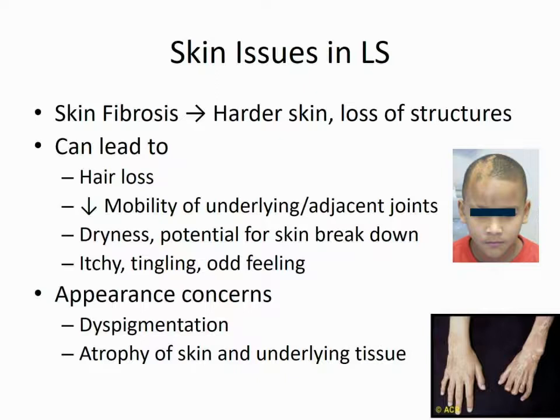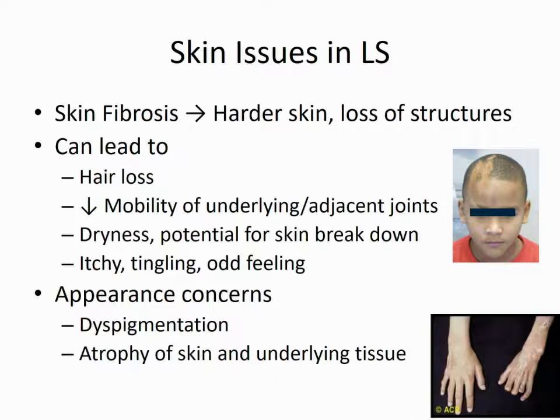Okay, so what are the skin issues in localized scleroderma? We keep hearing about the fibrosis, the harder skin, and the loss of structures. This can lead to loss of hair, as we see in this boy with en coup de sabre. You can have loss of mobility of the underlying structure. Typically we're worried about the joints, so lesions over joints we're always concerned about. Because of the loss of the sweat glands, fat, and elastic tissue, the skin is going to be drier.